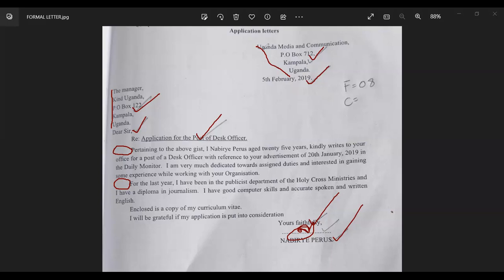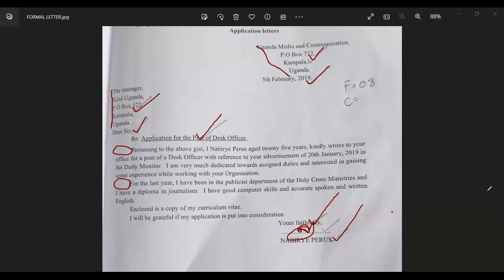Then someone is asking if it is a must to have 4 paragraphs. No, it is not a must. You can have 3, you can have 4, you can have 5, you can have 6. That is up to you. At the end of the day, what matters is you having knowledge of what you are writing about, or the content, but do not have 2 paragraphs, at least 3 or 4 or 5.